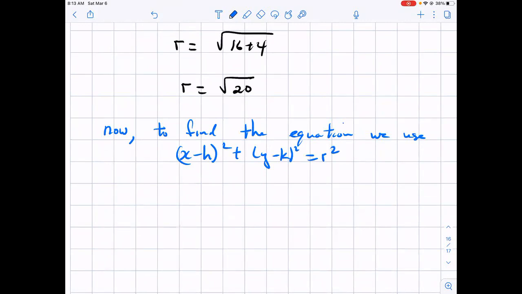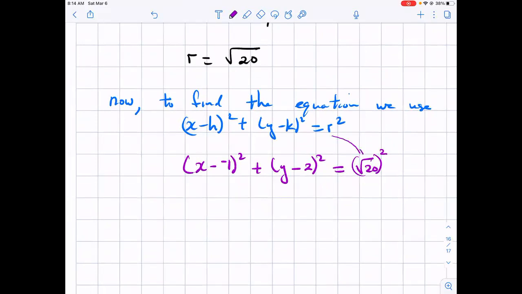And we know the center, so we have x minus, instead of h, a minus 1 squared. Y minus k, instead of k, we know it's 2 squared. And r is the square root of 20, but we squared it.